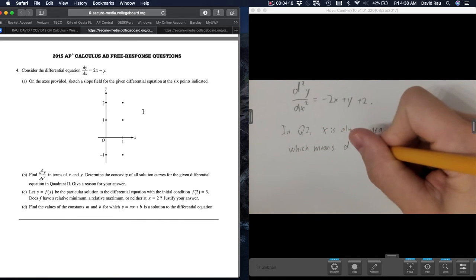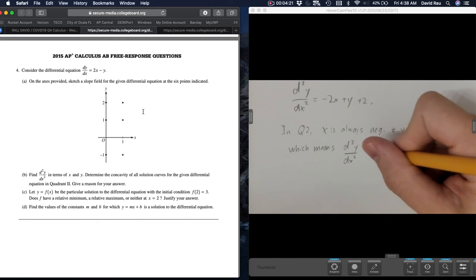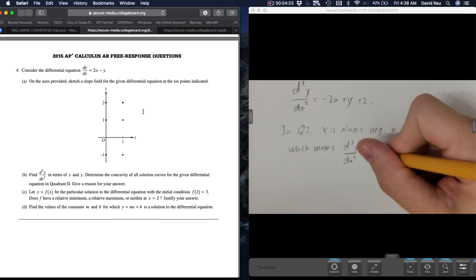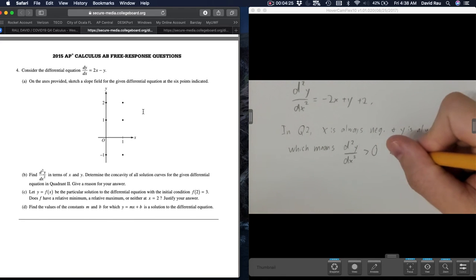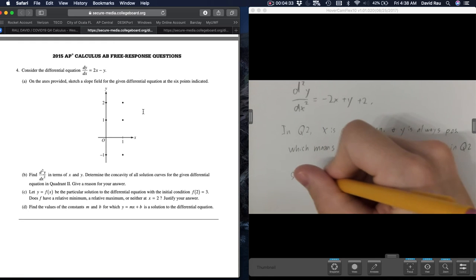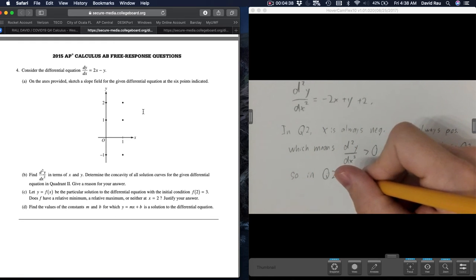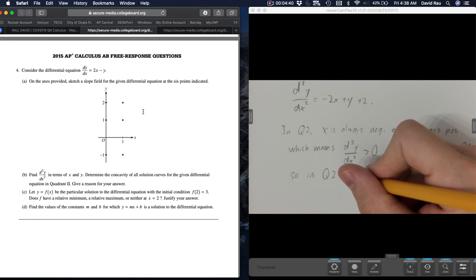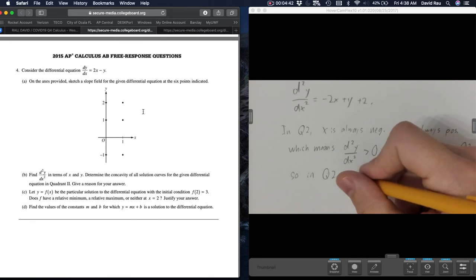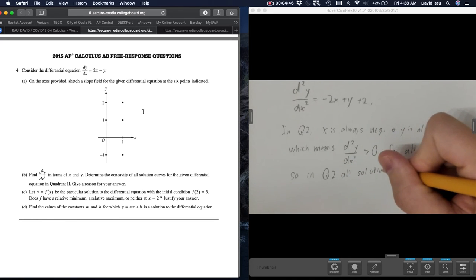Which means, now I'm not sure how much I can really defend this, but which means d squared y over dx squared is greater than 0 for all points in Q2. So in Q2, all solution curves, just trying to use the wording of the problem.